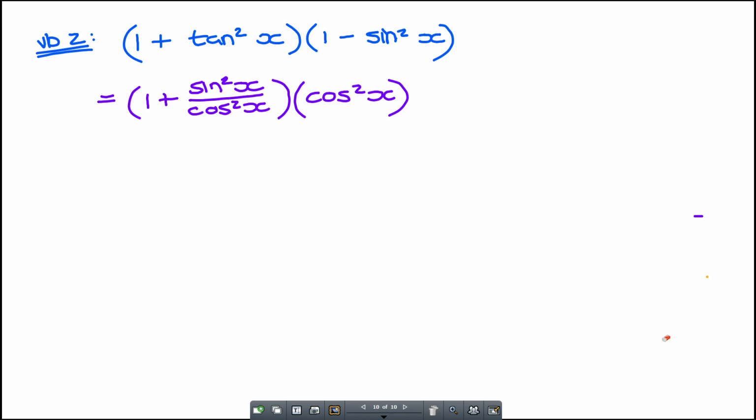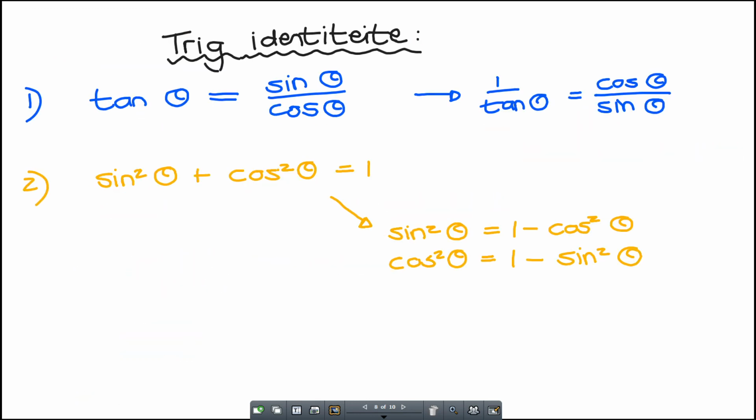Okay. So by daai tweede hakkie, nee, is daai 1 minus sin kwadraat x. Ek gaan gou vir jou terugskiep. Kyk gou hier. 1 minus sin kwadraat x, daai is dieselfde as cos kwadraat. Sien jy?